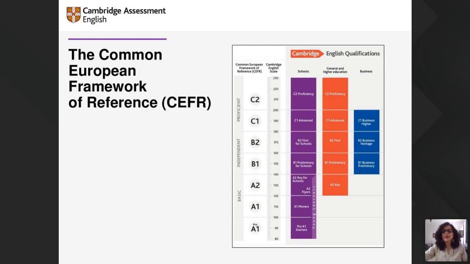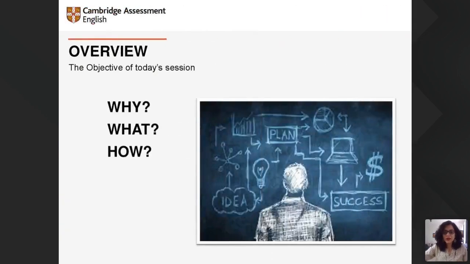So this is primarily the CEFR framework, which we will be referring to time and again to understand the techniques and approaches of curriculum mapping. Moving on, today we are going to look at the reasons behind curriculum mapping, as to why we need to go for something like curriculum mapping.